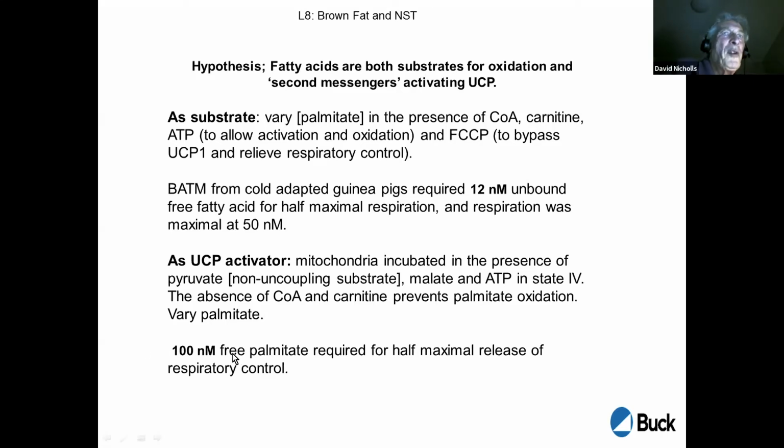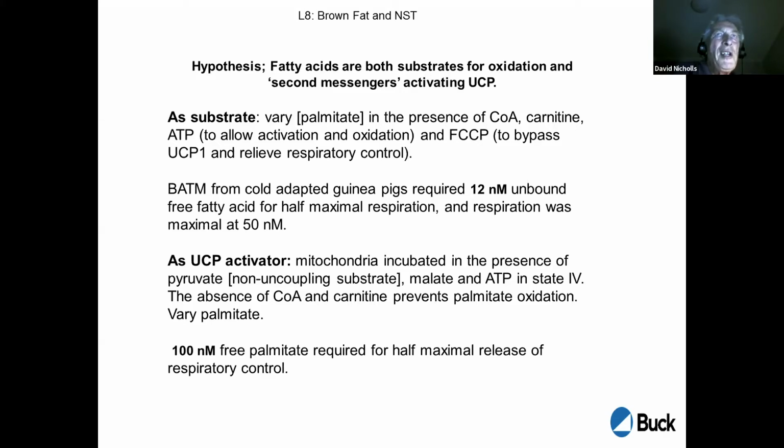And there again, we find 100 nanomolar, a very low concentration of palmitate, is designed to activate, to release respiratory control. So basically, we have gone from a phenomenon of, isn't it curious that brown fat mitochondria don't show respiratory control, to a very precise mechanism.